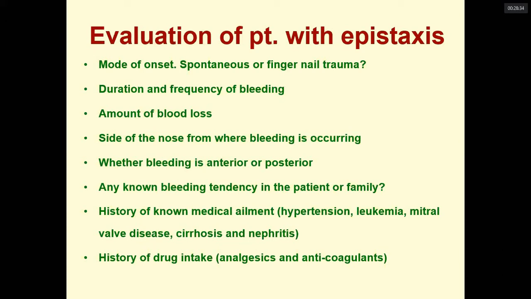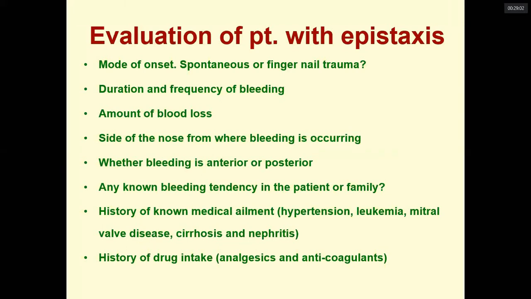So if there's only spotting and it has stopped, you don't have to do anything. But if the bleeding is continuous, the person is bleeding frequently and continuously, you may need to look for some local or general causes. Similarly, what side of the nose it is bleeding, whether bleeding is anterior or posterior, any known bleeding tendency in the patient or the family.